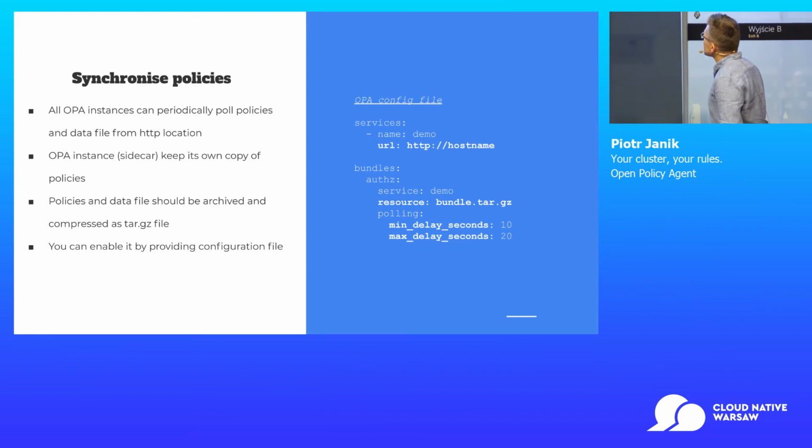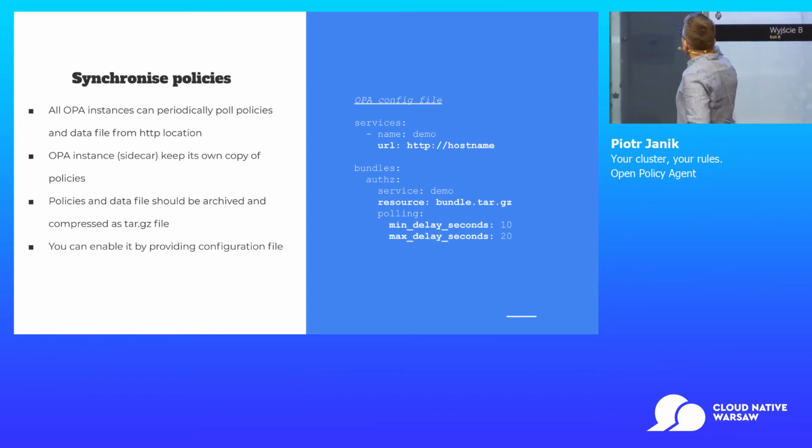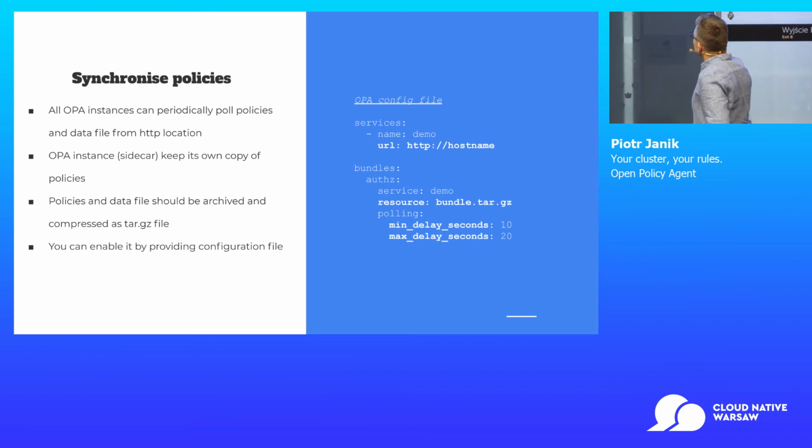Right, so here is the example of how we can configure this synchronization. So we have this policy repository, and here we say that this config file is mounted to each OPA sidecar. And by this config file, we're telling OPA to pull a bundle from the central place.